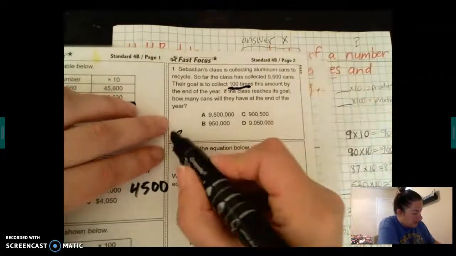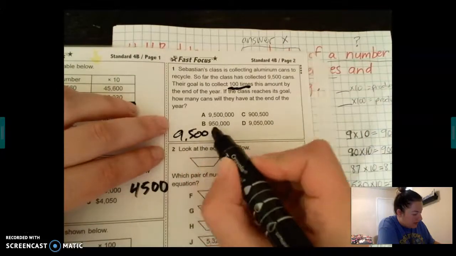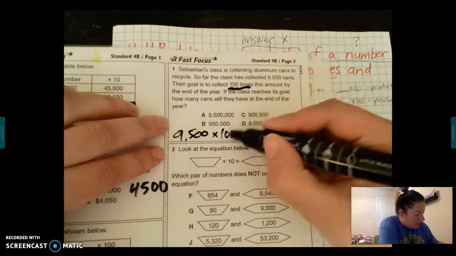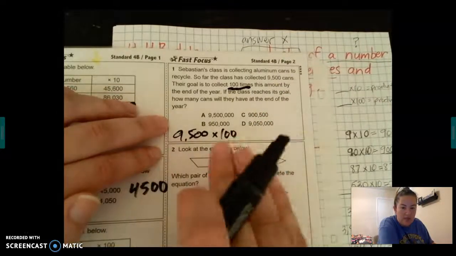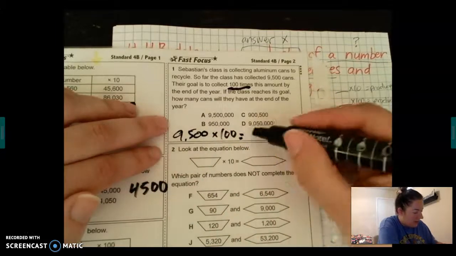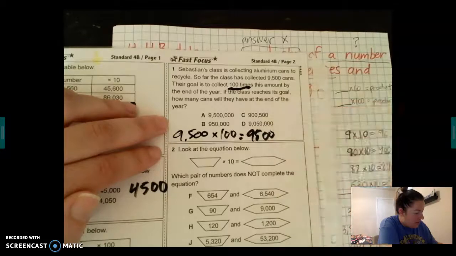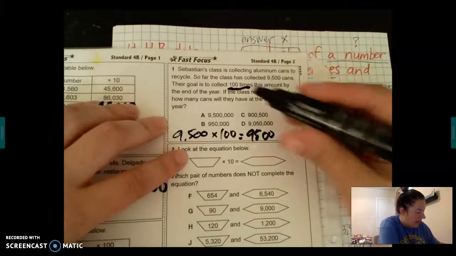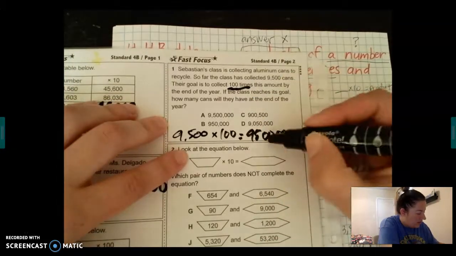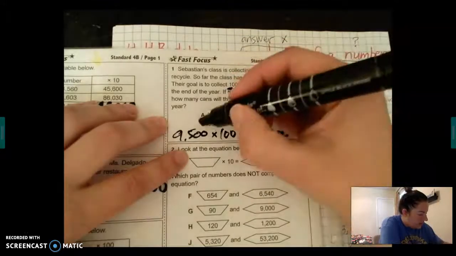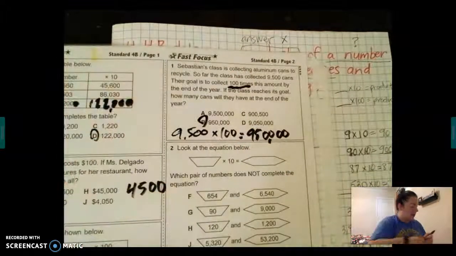So it's 9,500 times 100. So I'm going to shift it to the left twice, which means I just need to add 2 zeros at the end of that number. So here's the 9,500, add 2 zeros. So it should be B here.